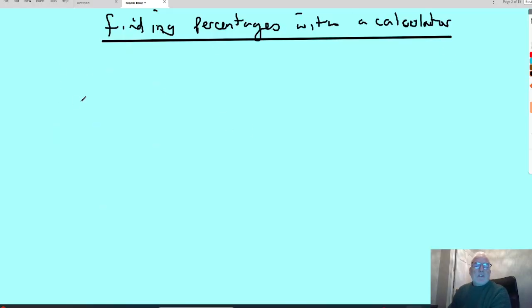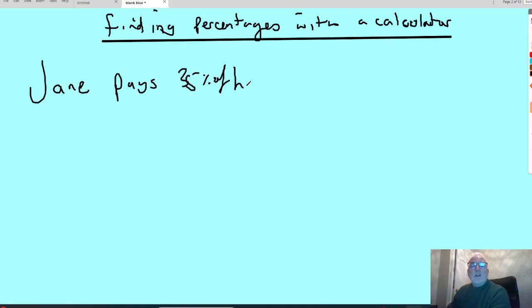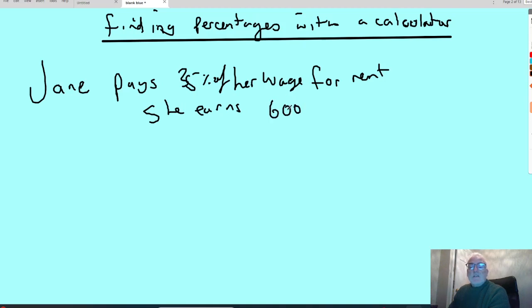So if we get a question that says, Jane pays 35% of her wage for rent, she earns £600 per month.